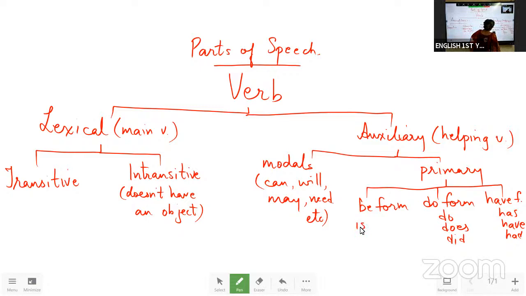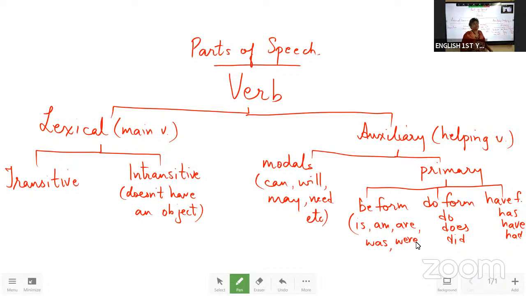Be form is am, are, was, were, plus the negative. Like I said, am is only used for I, but in the negative you use the same as are, aren't, isn't, wasn't, weren't.